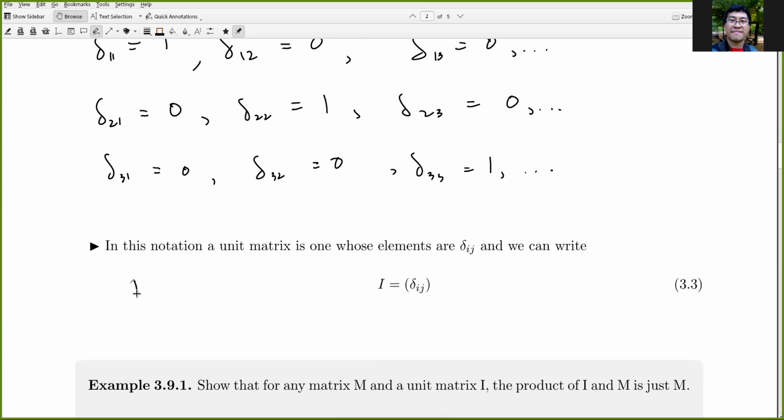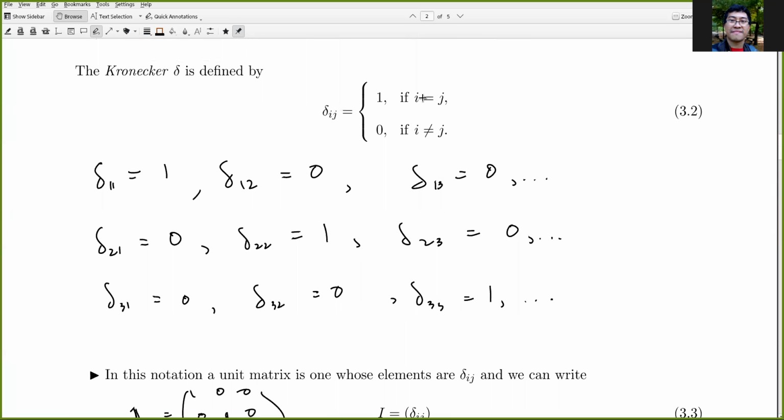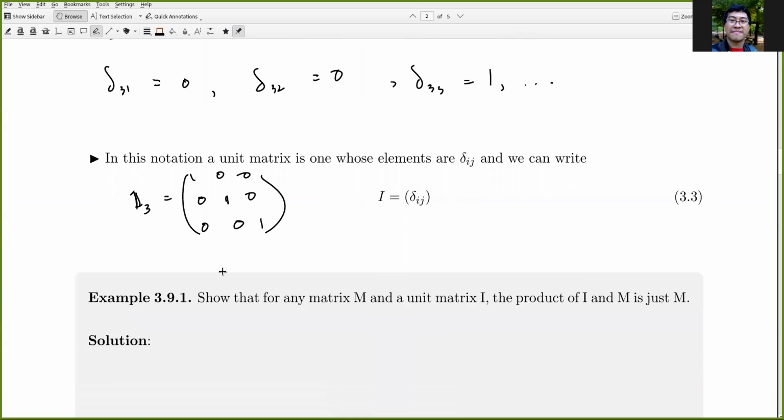So the 3 by 3 unit matrix is 1 0 0, 0 1 0, 0 0 1. Only the elements in the diagonal are non-zero and they are all equal to 1, just like our definition for Kronecker delta. So this is just an example.